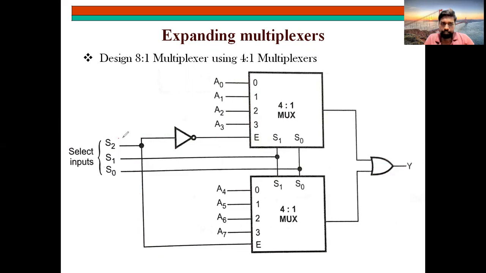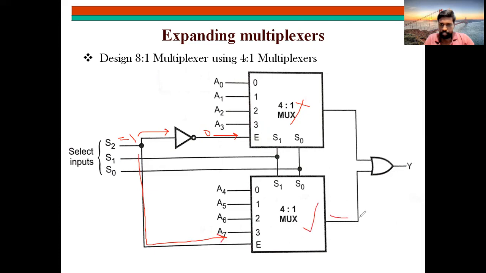Suppose you take S2 equal to 1, this 1 will pass here. Here it will come as 0. As 0 is passing here, enable equal to 0 means the entire circuit is off. And the same 1 will be transferred here, and here it will be in on state.